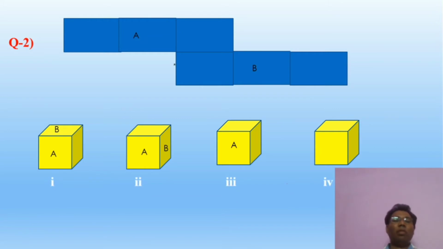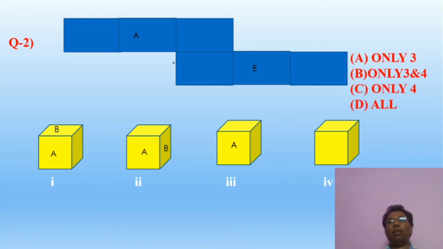This is similar to the previous one. Your options are A, B, C and D. Okay. Shall we move? First of all, we have to solve this dice. Opposite to this is this.